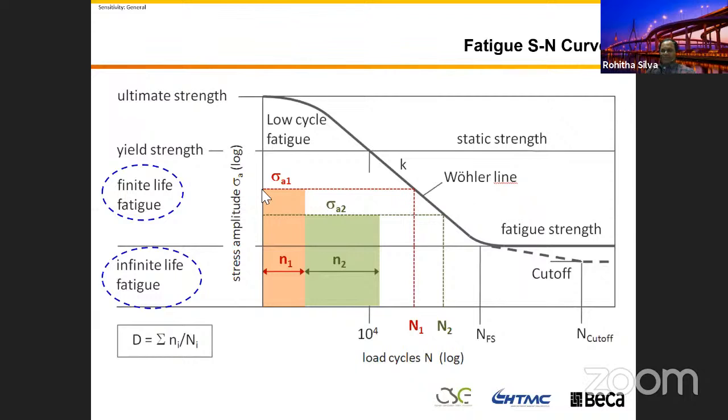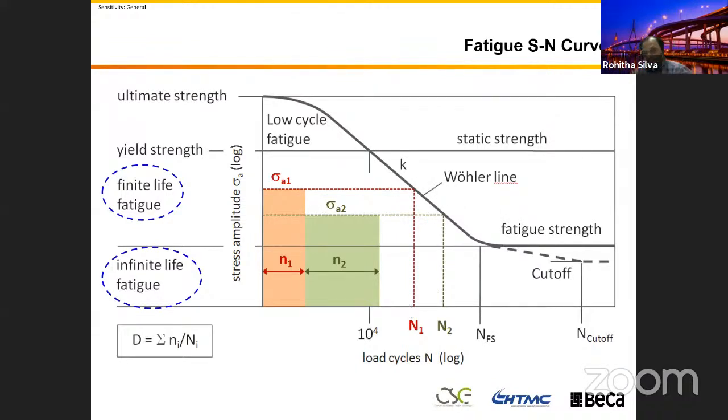Is it clear? Because you're going to exceed your stress in your structure. The fatigue stress in your structure is greater than the strength corresponding to this N1 and sigma 1. So then your structure will fail.